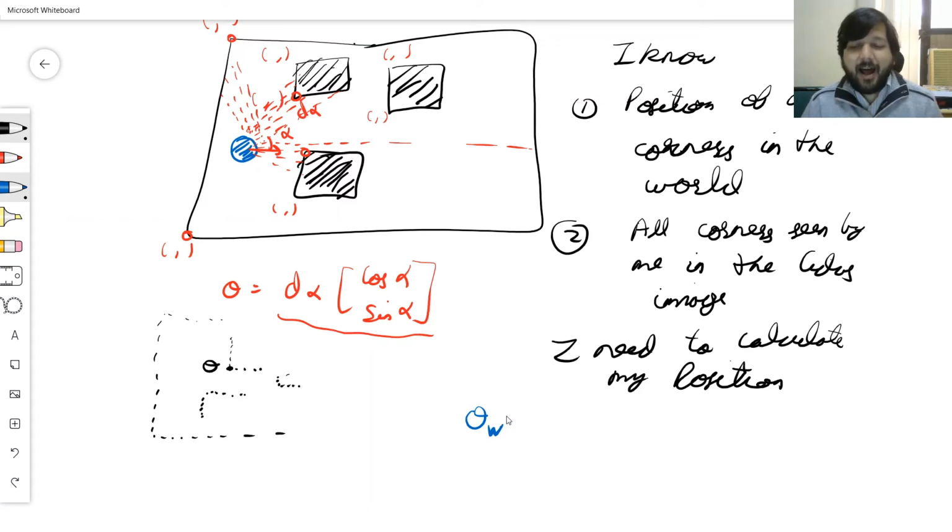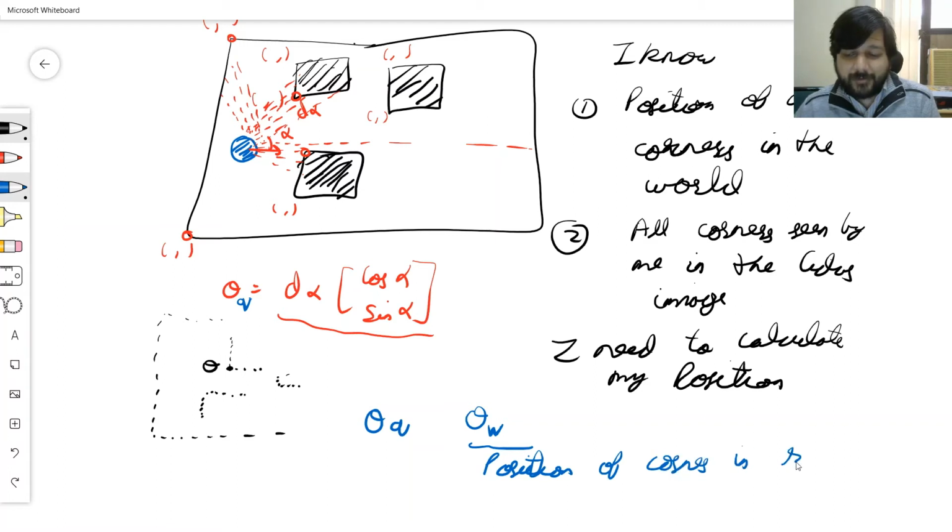And I know this x, y, which is the position of the corner in my own coordinate frame of reference. So this is the position of the corner in the real world, and this is the position of the corner in my local coordinate frame.